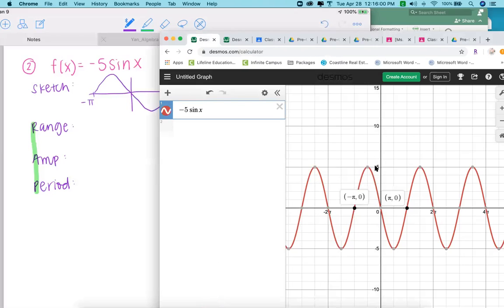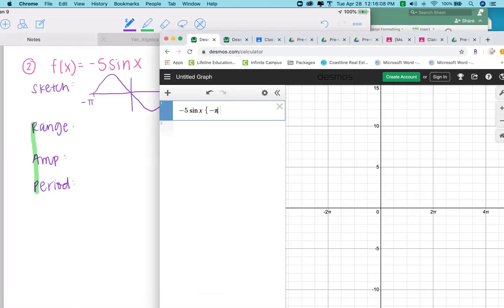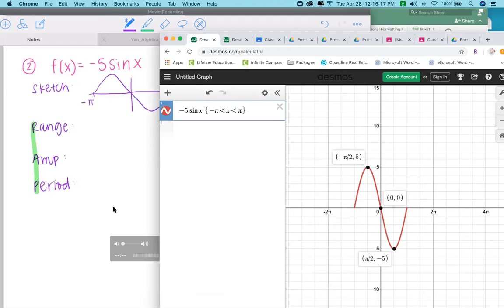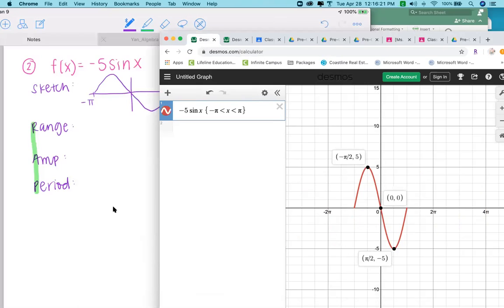Now you guys are gonna help me answer. I'm gonna click on all these points that's necessary, negative pi to pi. So this is the picture. Can you guys tell me what would be the range? Anyone can jump in and answer.